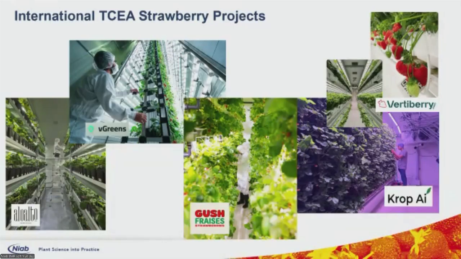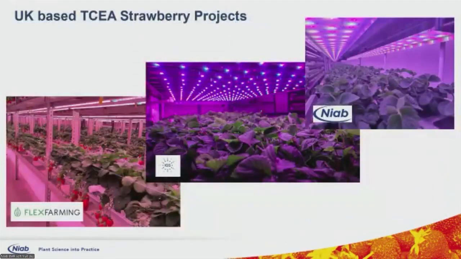And some are also working on the propagation element of strawberries, not so much to supply vertical farms, but to supply the already existing market of strawberry propagules for growing in the ground or even in polytunnels or CA glasshouses.